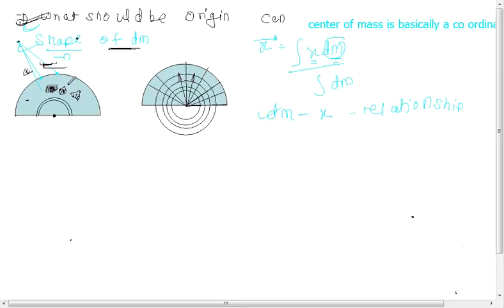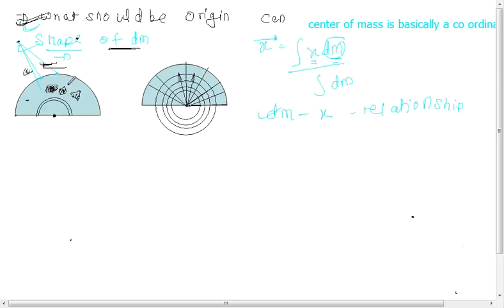So which type of shape should I choose? If you look at this situation, a shape which has circular symmetry is the most beautiful, and is the right choice.